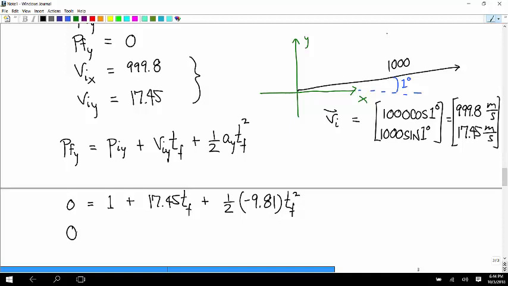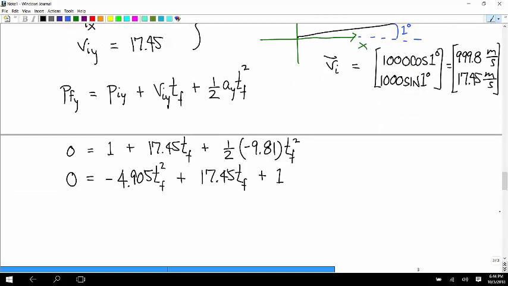And you can rewrite that as 0 is equal to negative 4.905 TF squared plus 17.45 TF plus 1.